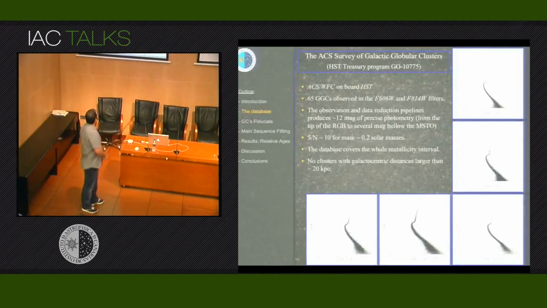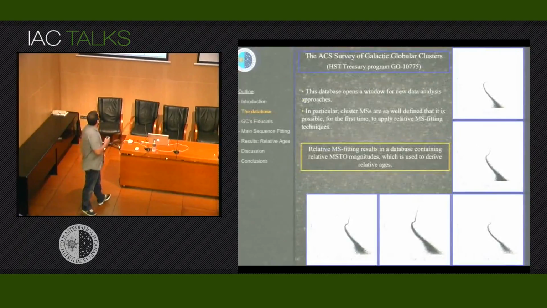And you can see that the main sequences are very well defined, several magnitudes fainter than the turn-off. So this is the first time that the main sequence can be used to determine relative ages. In this work, instead of the vertical or horizontal method I presented before, we are using an alternative approach, and we will use the main sequence to determine the relative ages.